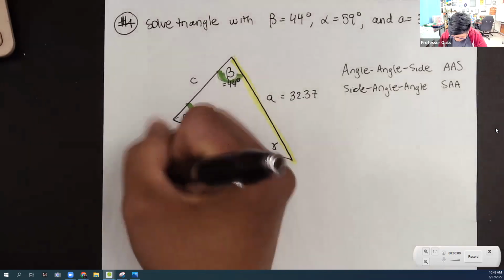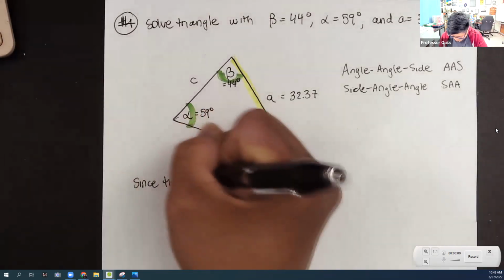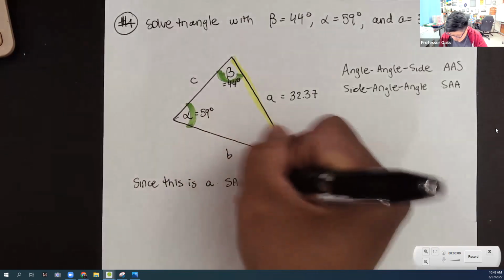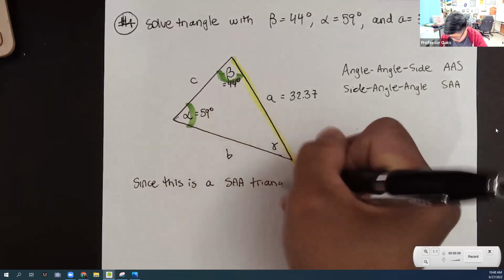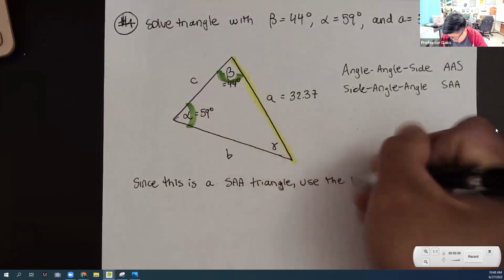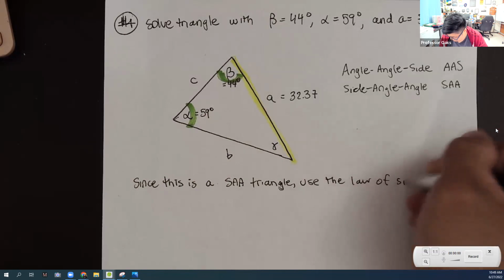So since this is an SAA triangle, use the law of sines.